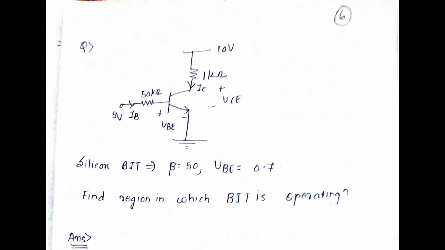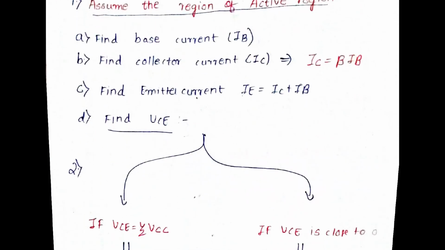In the next class we'll be solving a numerical wherein a BJT diagram is given to us, and we have to identify in which region the BJT operates. First of all you have to find out the base current, then the collector current, then the emitter current.